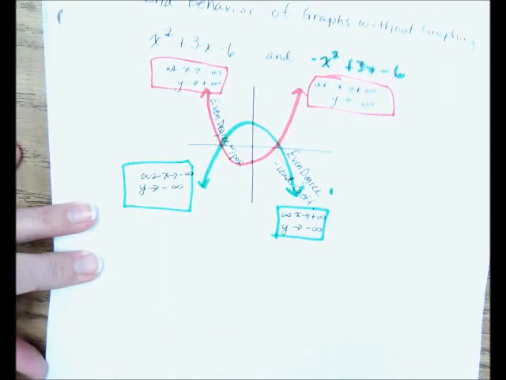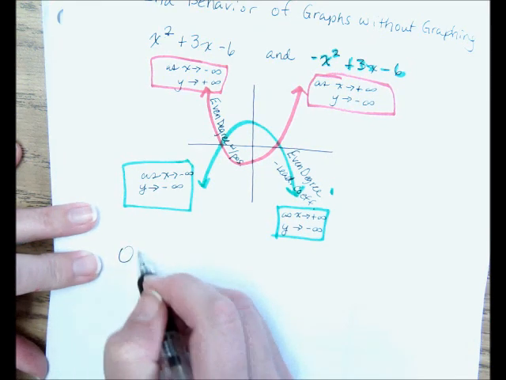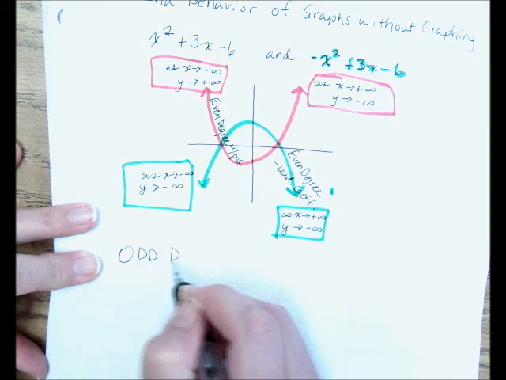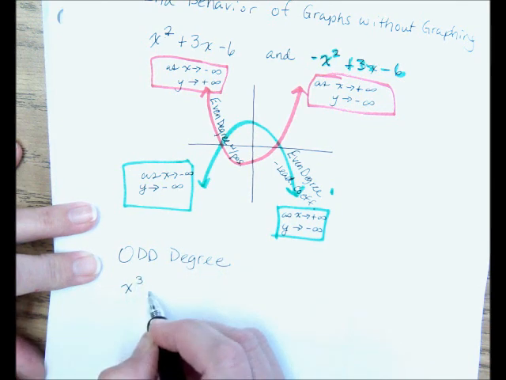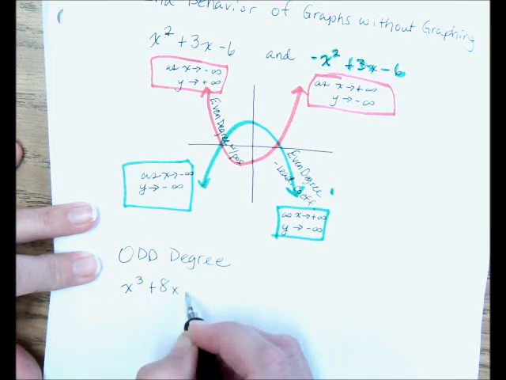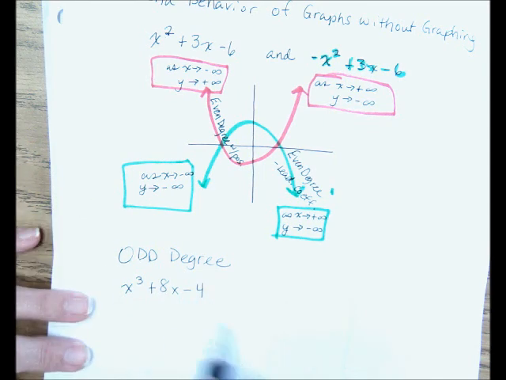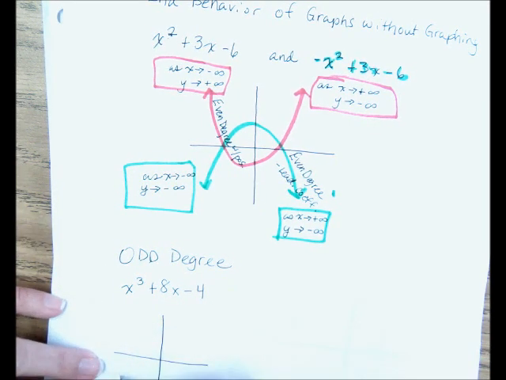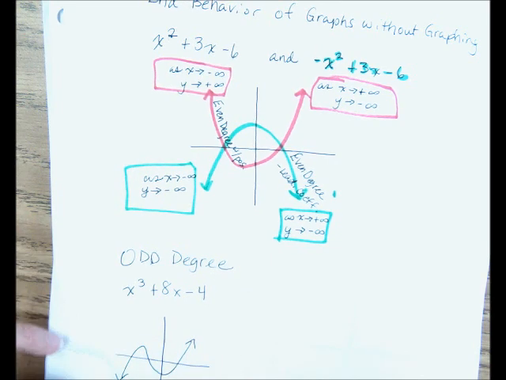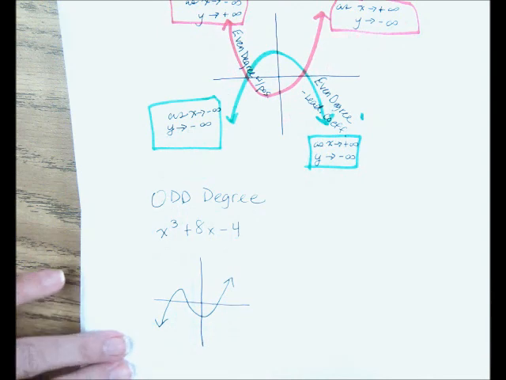Okay? Now, the other situation is where you have an odd degree. And in this case, it's like x to the third plus 8x minus 4. Okay? And in this case, we are going to start low and end high. It's odd. It doesn't end up in the same place.